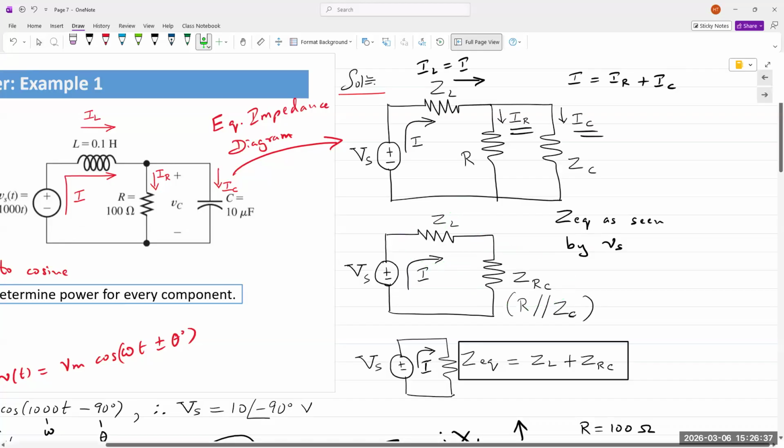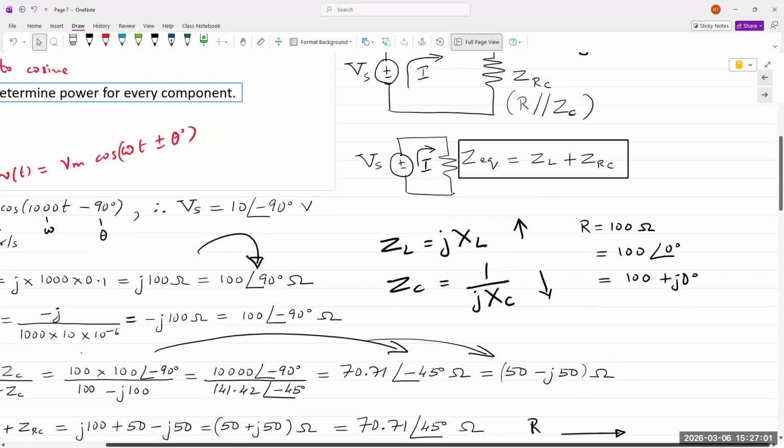They are in series, and we combine them to find one single ZEQ. That is ZL plus ZRC. Apply Ohm's law, and Vs divided by ZEQ will give me the current I. I is V over R, Ohm's law.